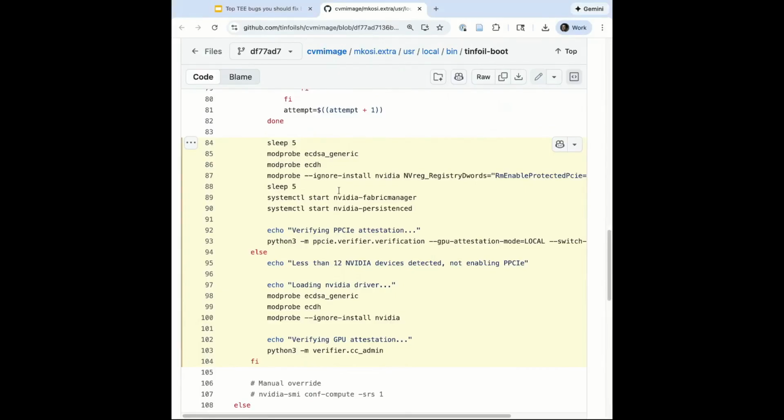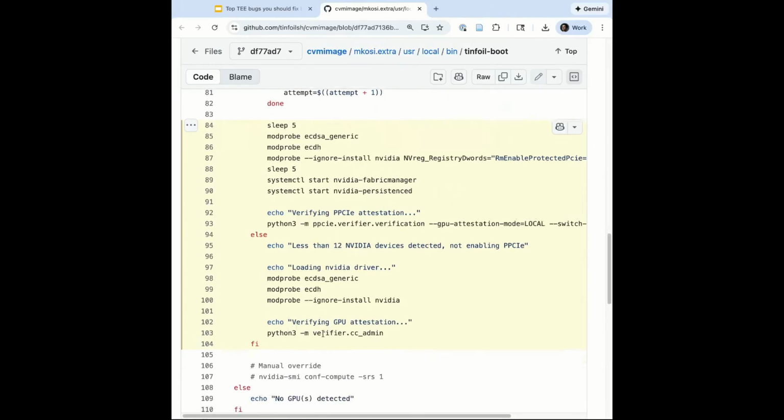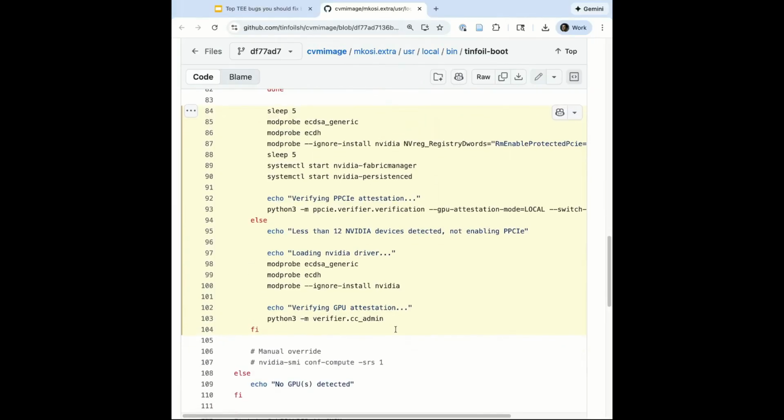There are two potential modes, one for multi-GPU configurations called protected PCIe. This actually doesn't encrypt the GPU-to-GPU communication, but frankly, in most threat models where you're worried about someone sniffing your NVLink, you're already kind of screwed. Then in the single device attestation, they use just the regular confidential computing system.